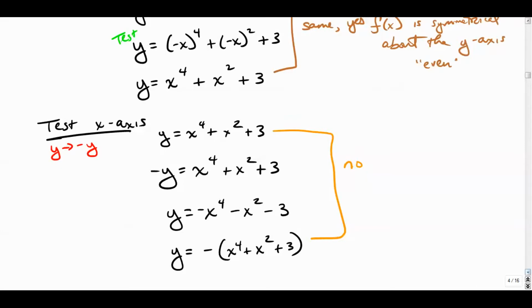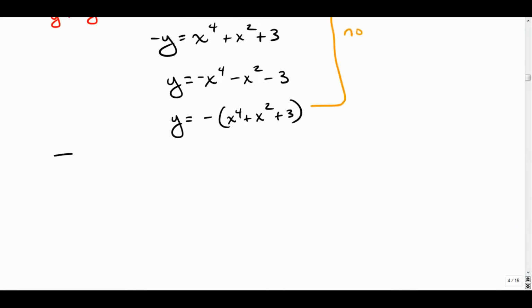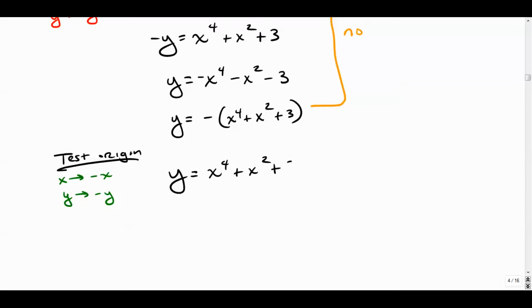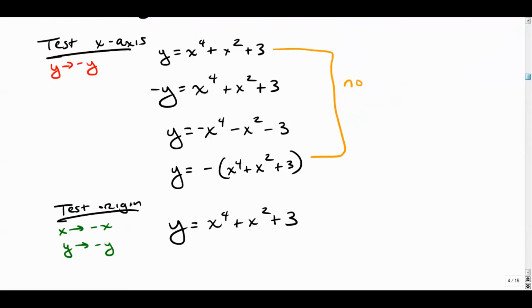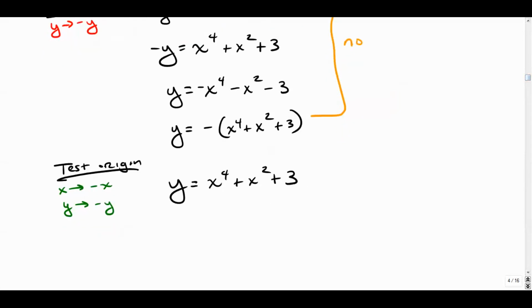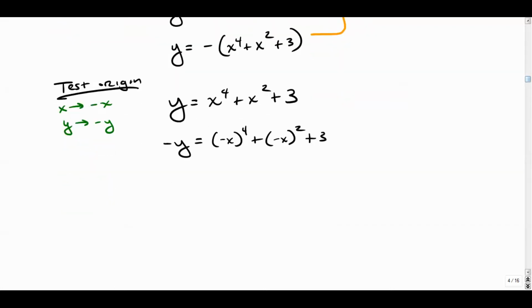And let's test the origin symmetry just to show you that test. The origin symmetry, the x's go to negative x's and the y's go to negative y's. I'm going to rewrite my original, which was x to the fourth plus x squared plus 3, I think. Yeah. And I'm just going to do replacements for both variables now. And let's see if we get the same thing.